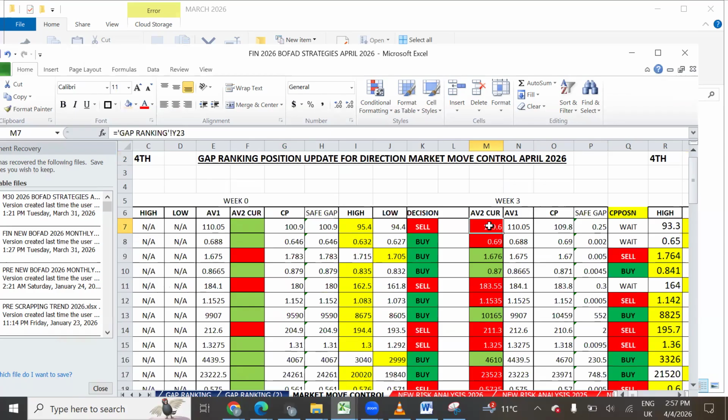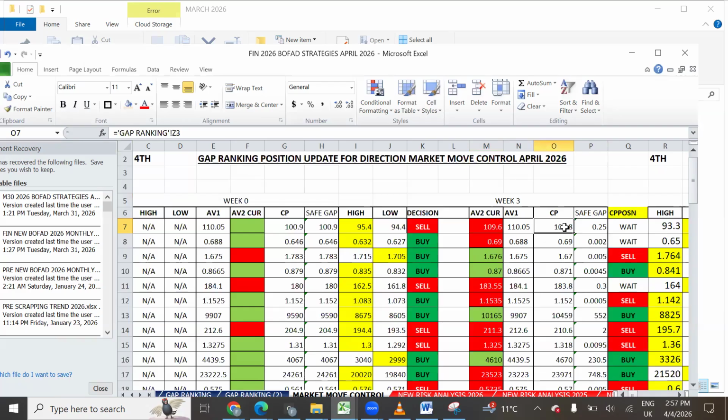So the ones in red mean the market is in a sell position, but just like I showed you earlier, if it goes above 110.05, then it's going to change to a buy. The current price now is 109.8.